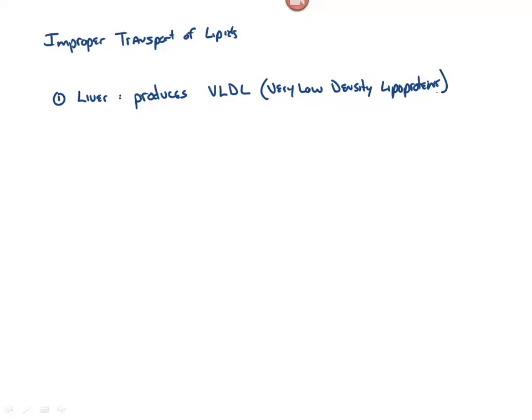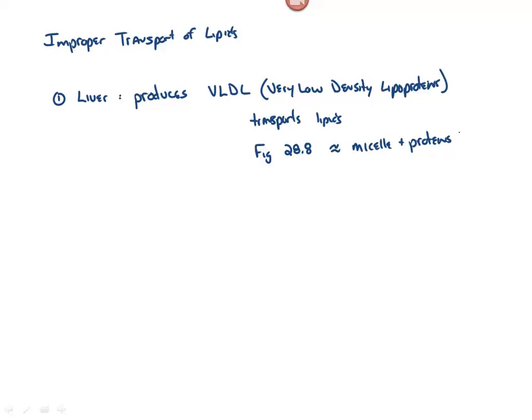And this is what actually transports the lipids. If you want, there's a nice picture of it in figure 28.8. It's basically a micelle plus a bunch of proteins that help to package it, help it to pass through cell walls and things like that.